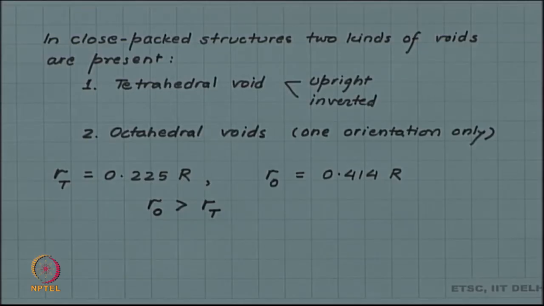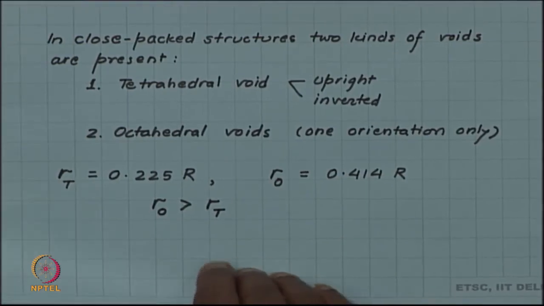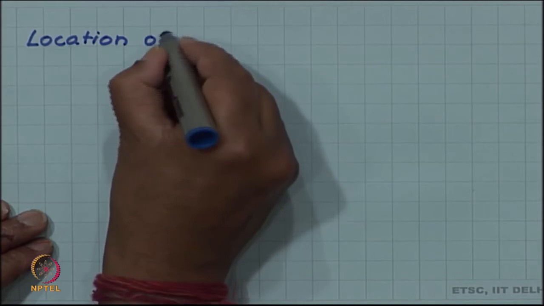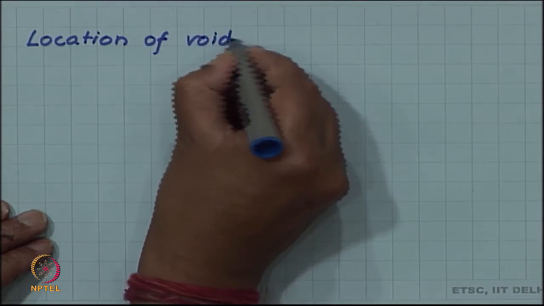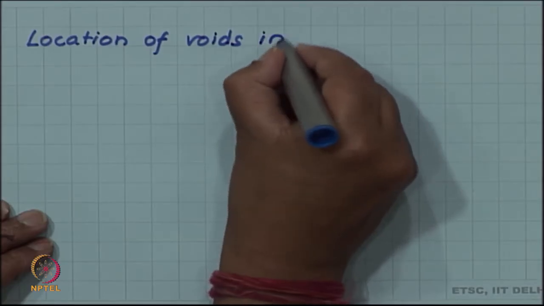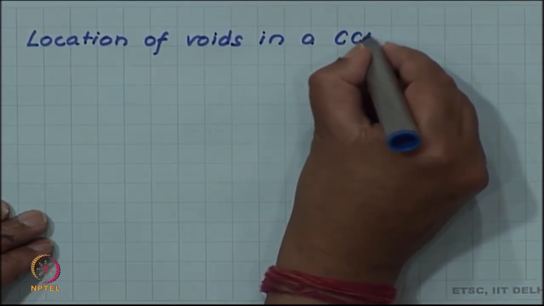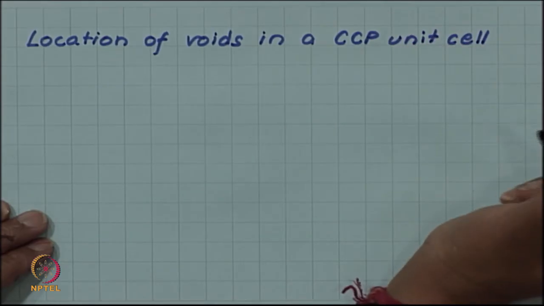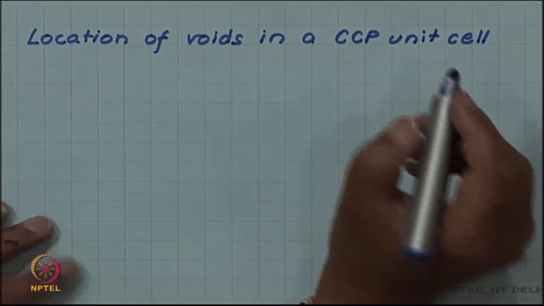Let us continue the discussion on the voids by seeing where these voids are located in the unit cell of CCP and HCP. So, location of voids in a CCP unit cell.